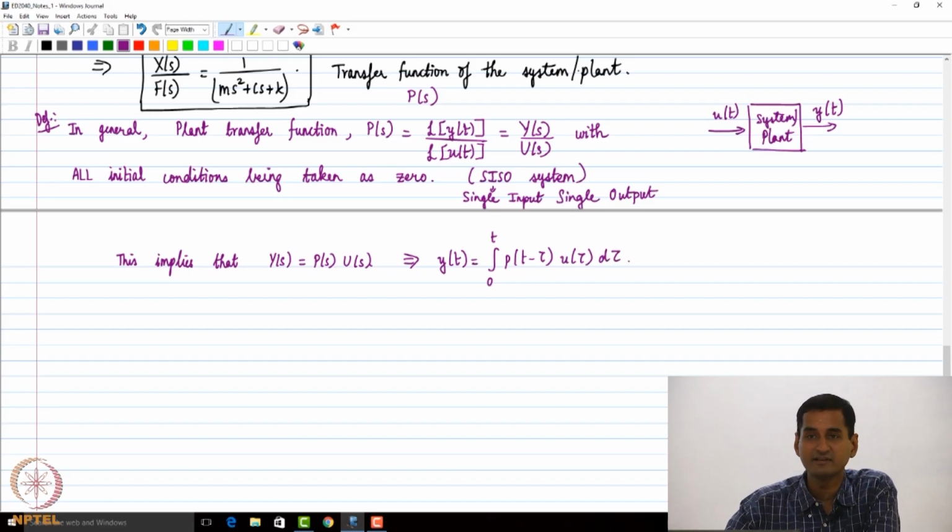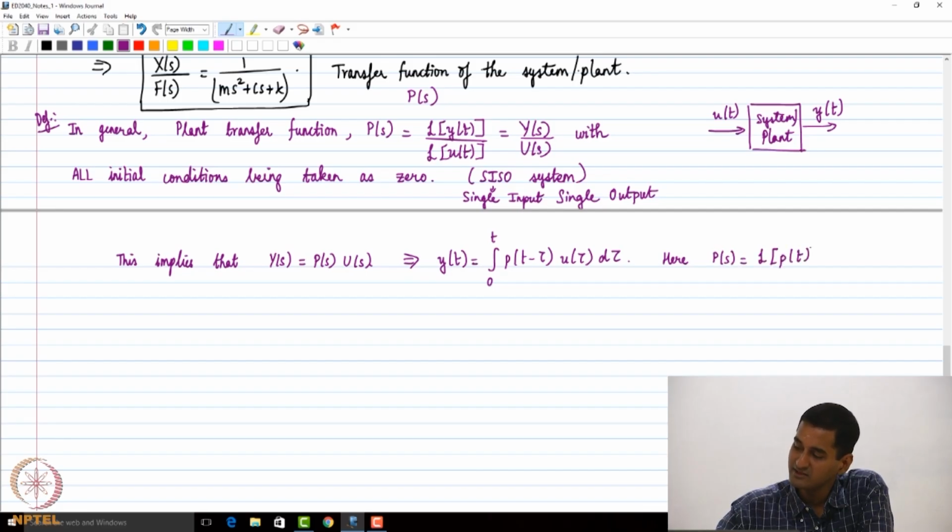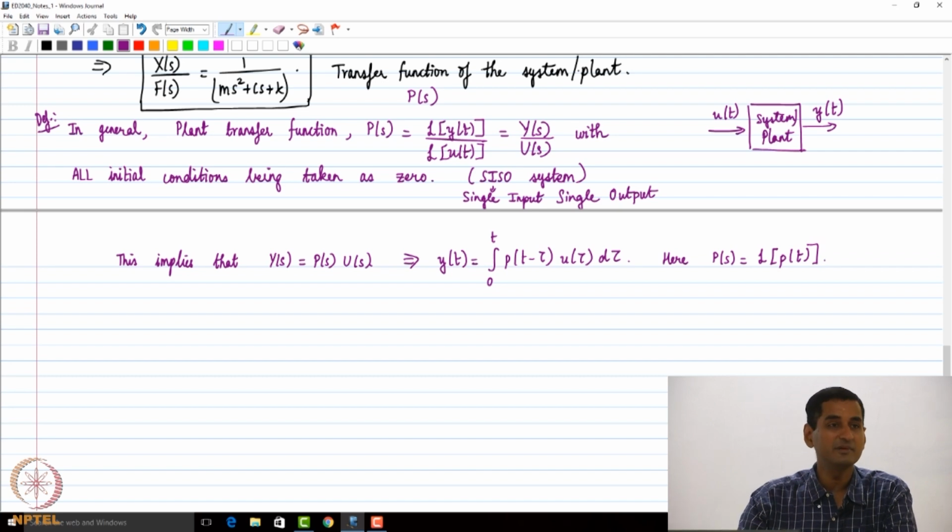That's what we'll get as the system output. What is p of t? Here P of s is the Laplace transform of p of t. We'll see the physical meaning of the function p of t shortly. So that is the output in the time domain if we take the inverse Laplace transform.